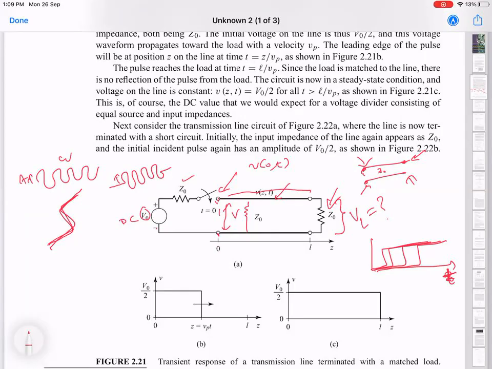So t is the x-axis, and the different curves correspond to different z's along the transmission line going from left to right. And at the time which is basically this length L divided by the speed of propagation, that wave will reach the load Z0. What will happen at that point?